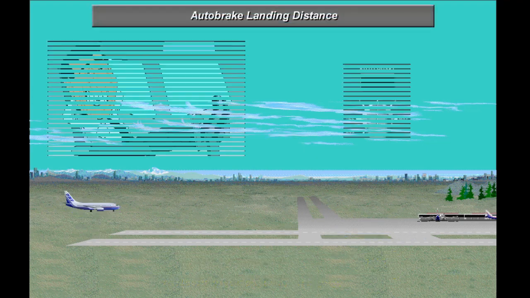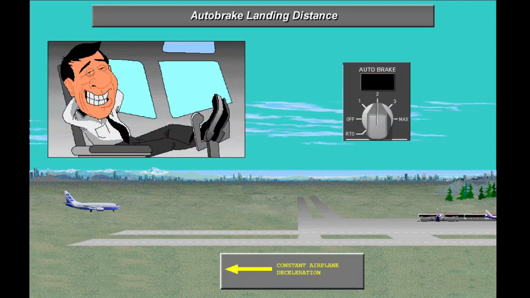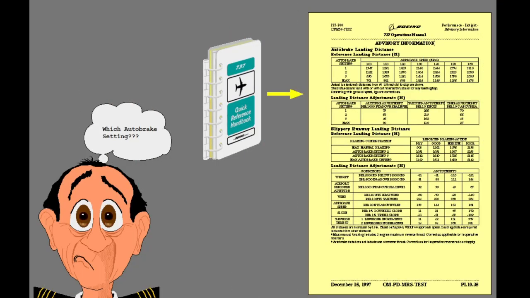The auto brake system commands a constant airplane deceleration during the landing ground roll for improved passenger comfort. Auto brake landing distance is provided in the Quick Reference Handbook as advisory information to assist in the selection of the most suitable auto brake setting for a given available field length.